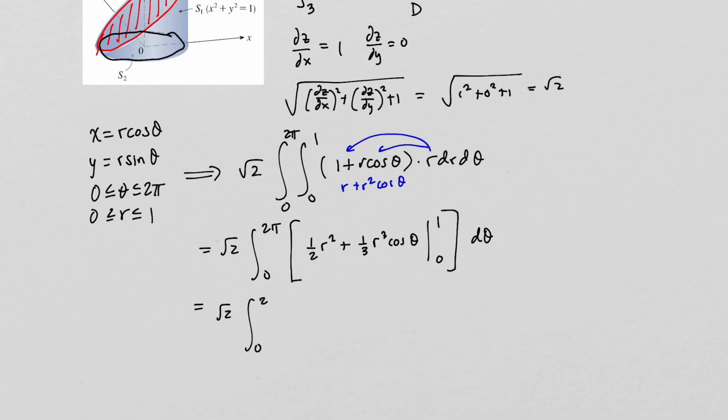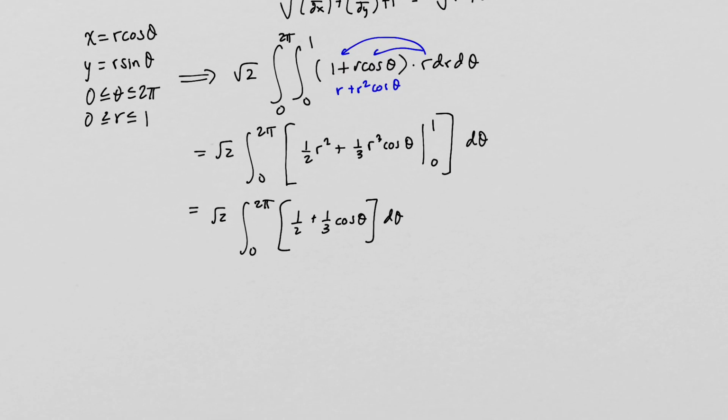And so when you plug in 1, you get 1/2 plus 1/3 cosine of theta. And when you plug in 0 for r, you get 0. Now we'll finish this. The integral of 1/2 is 1/2 theta, and then we have 1/3 sine of theta from 0 to 2 pi. You only get something non-zero when you plug in 2 pi.